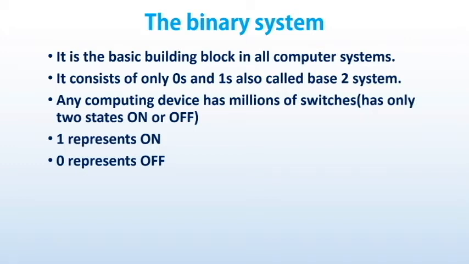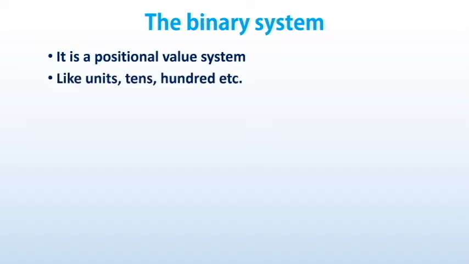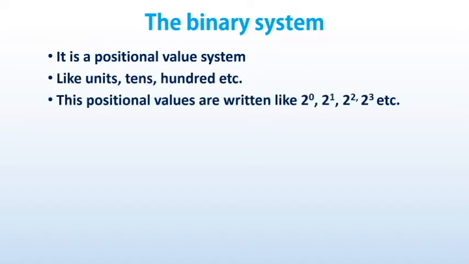Let's go ahead. Just like the decimal number system, the binary number system is also a positional value system, just like units, tens, hundreds, etc. These positional headings, or values, are written as 2 raised to 0. 2 raised to 0 is the positional heading of the rightmost digit, that is the least significant digit or least significant bit.